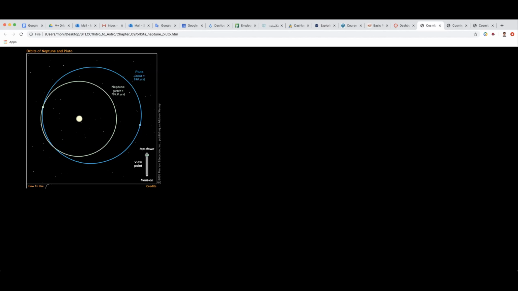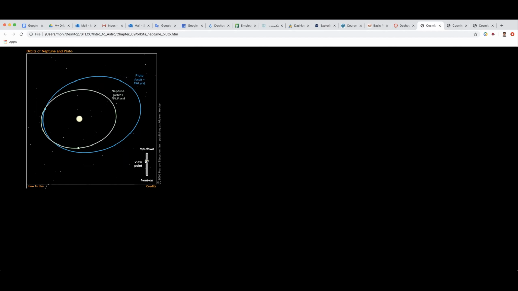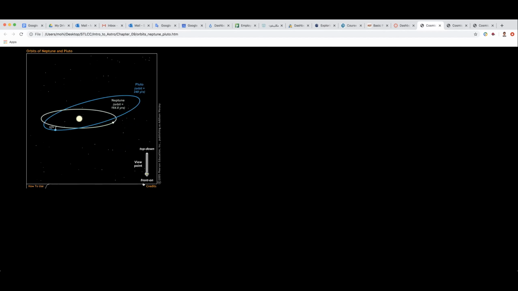So as I said, Pluto is one of the Kuiper Belt objects. It is not one of the planets. The reason is that it also has a very odd shape of orbit. If you look at this, this is Pluto's orbit, which takes 248 years to complete one orbit. And we have Neptune, 164.8 years. If I move them a little bit, you see what I'm talking about.